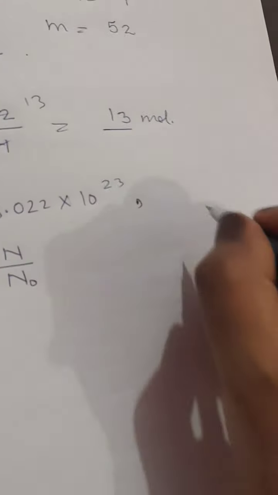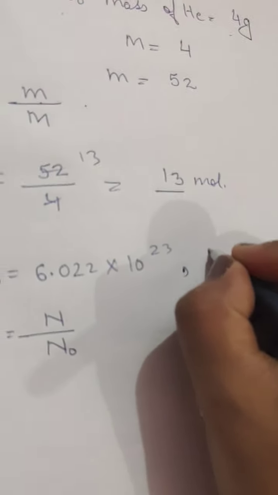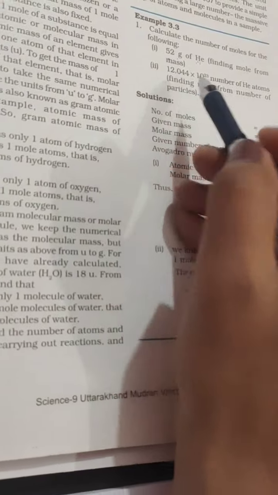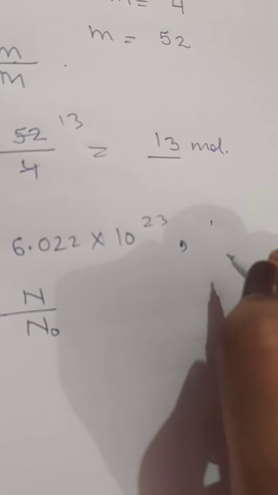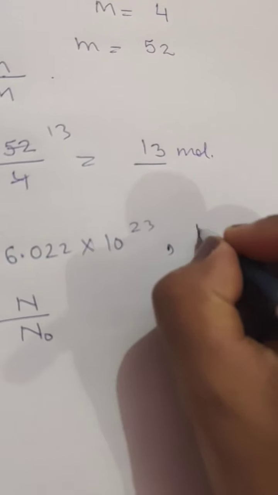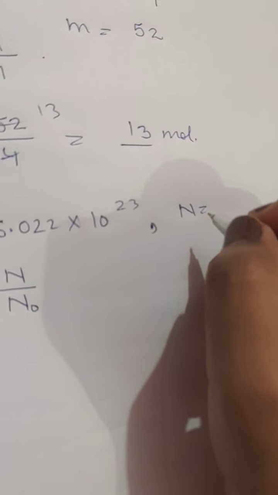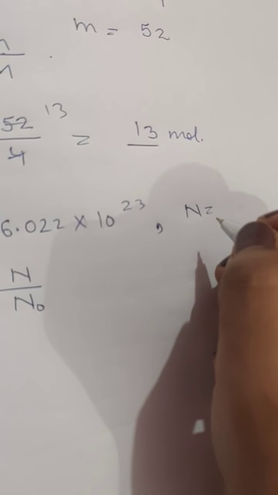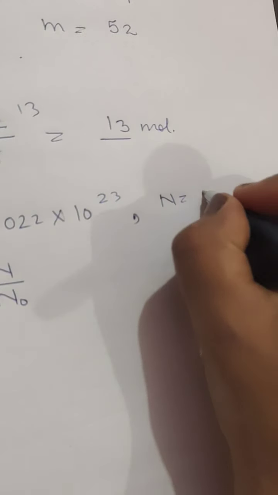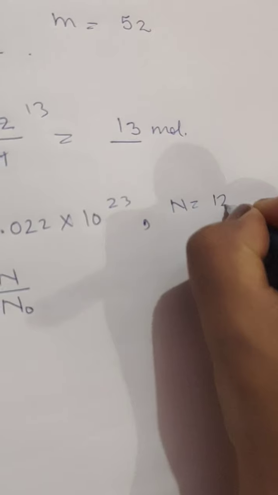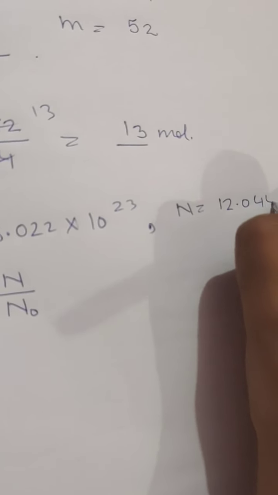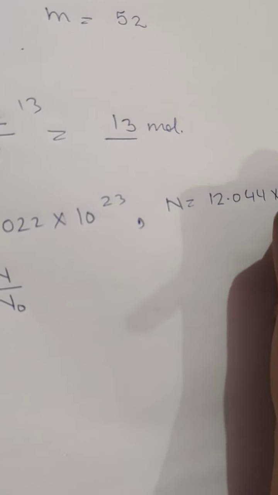Next, we have the number of helium atoms also. Here capital N is the given number of particles, so the number of particles given in the question is 12.044 into 10 to the power 23.